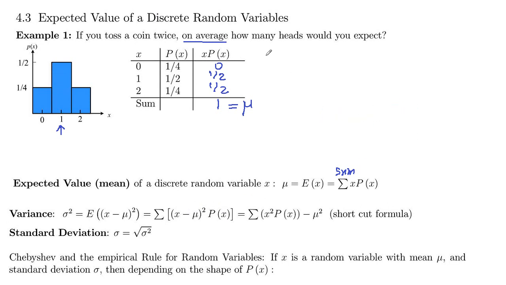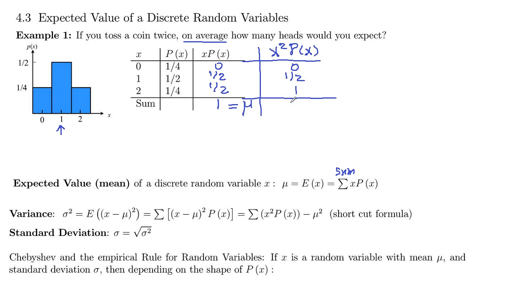An easy way to do this is to add one more column to your table, x squared times probability of x. So 0 squared is 0, times 1/4 is 0. 1 squared is 1, times 1/2 is 1/2. And 2 squared is 4, times 1/4 is 1.